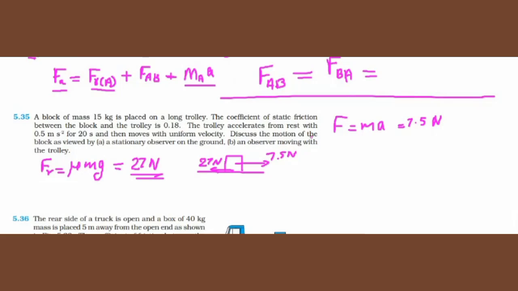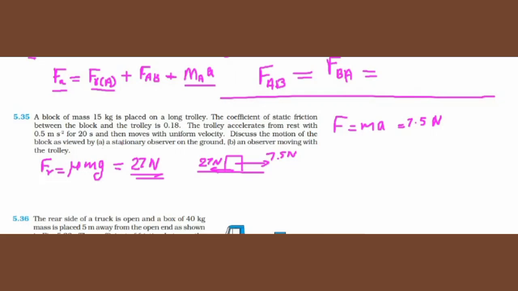Friction is 27 Newton. If you apply a force more than 27 Newton, then only can you move the block. But at present, the applied force is only 7.5 Newton. So the block will remain there.